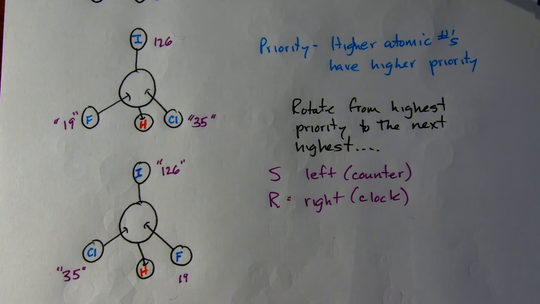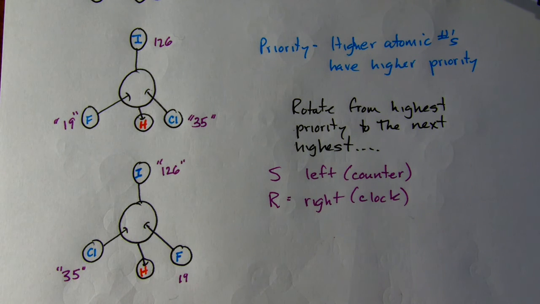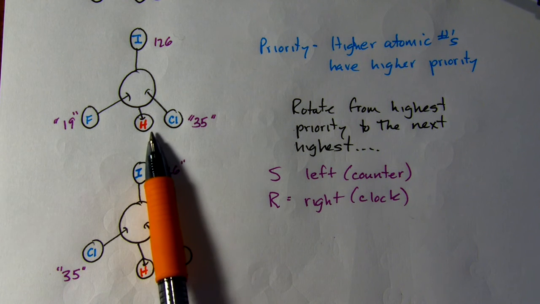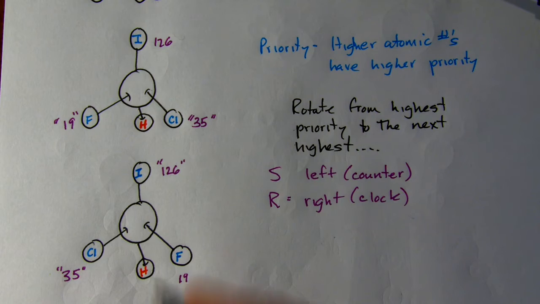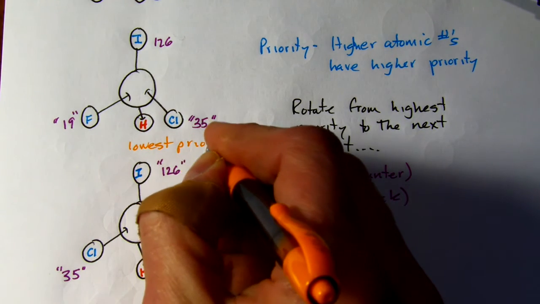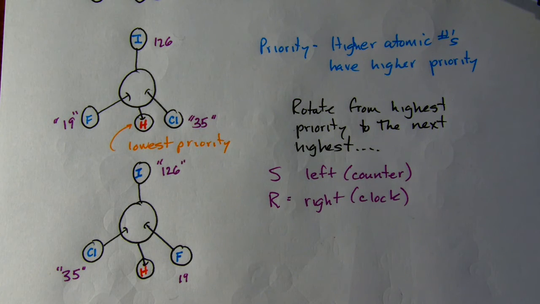If we go to this top structure here, our central carbon here, obviously, what they will tell you is put the lowest priority in the back. So that hydrogen there is what we call lowest priority because it has the lowest atomic number. And if you put it in the back, that makes things very simple.